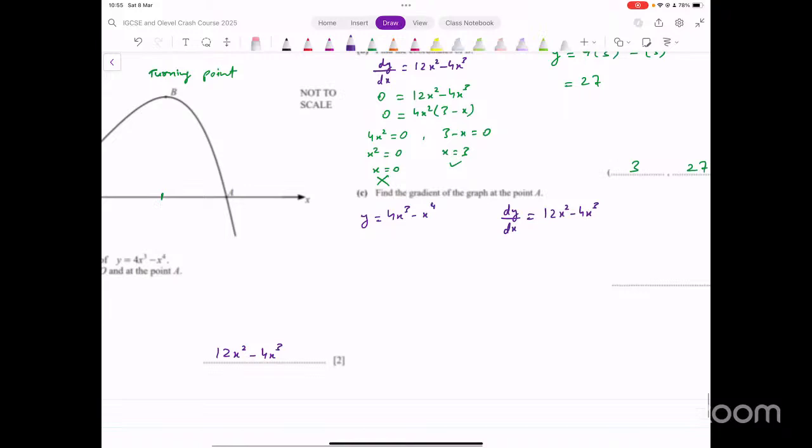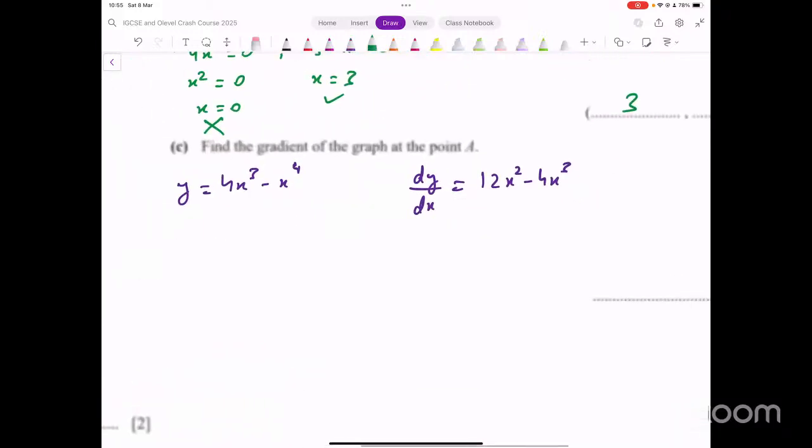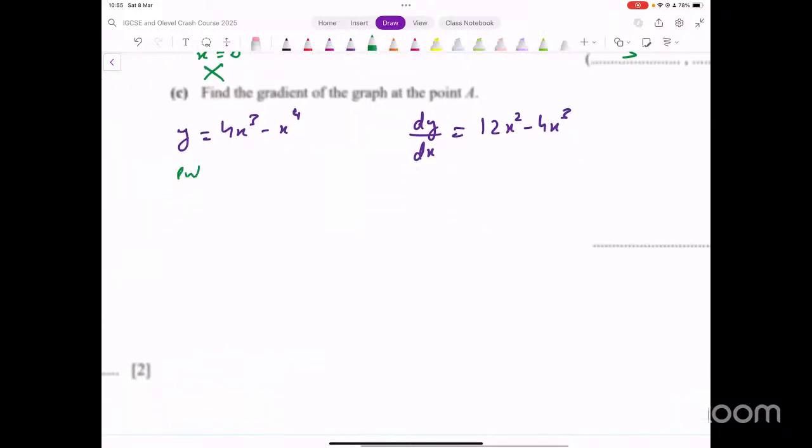That's the function y. Now let's put y equal to 0 to find the point A. That's the x-intercept, right? And this gives us 0 equals 4x cubed minus x raised to the power 4.